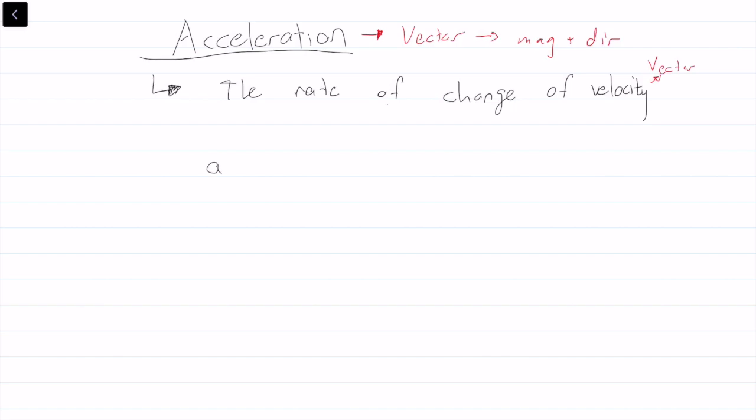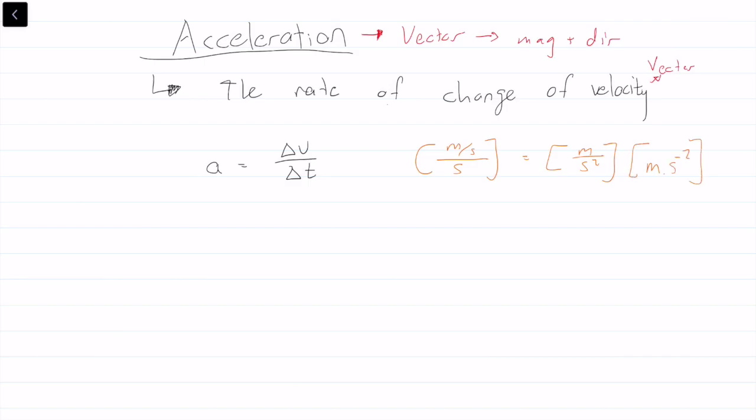So the acceleration is defined as our change in velocity over our change in time. Our units are going to be, so the units that we have here for velocity, it's meters per second divided by seconds, right? So we're left with meters per second squared, or we can write it like that as well.